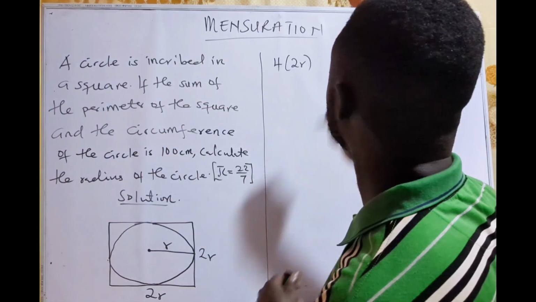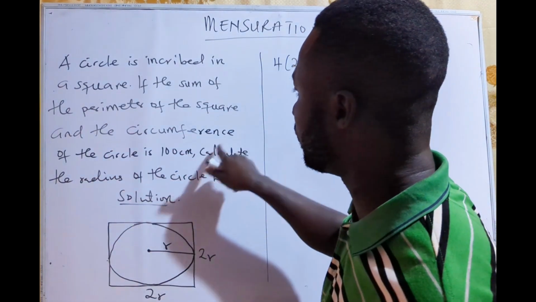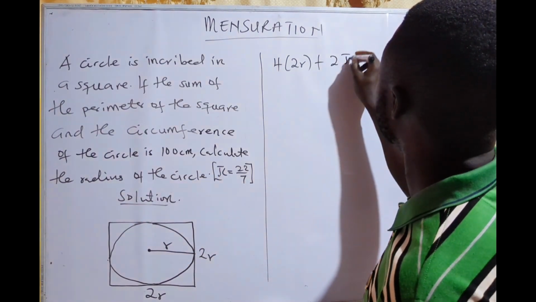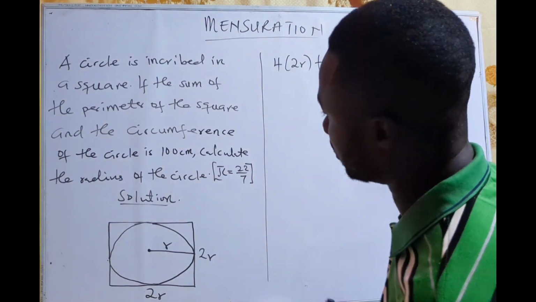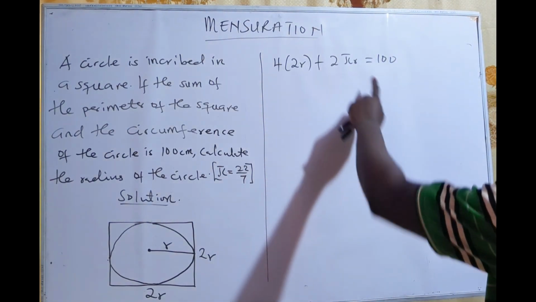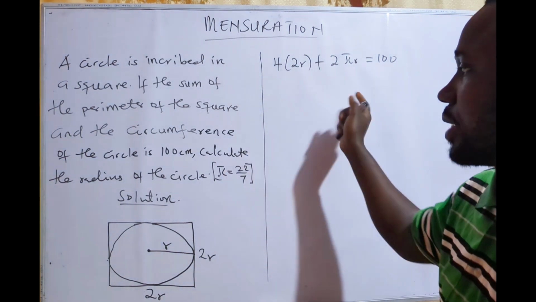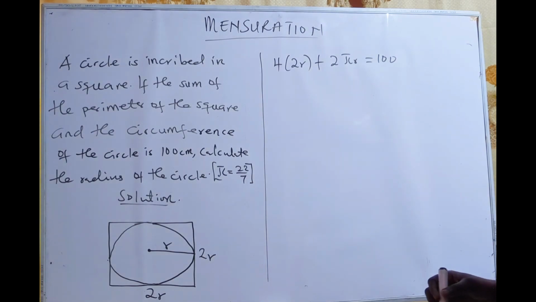And the circumference of the circle is 2 pi r. The sum is equal to 100 centimeters. You see that we have expressed the equation in one variable, r, which is the radius of the circle. So simple for us to solve.